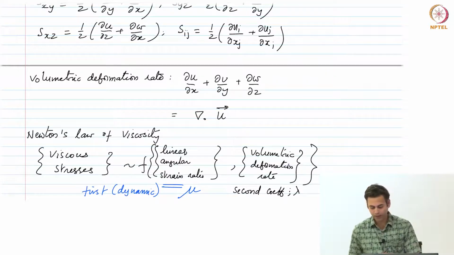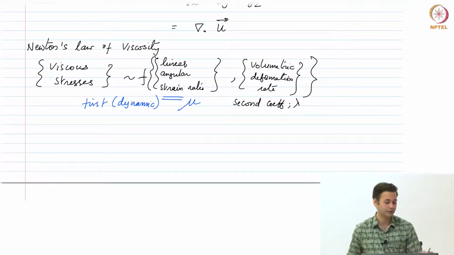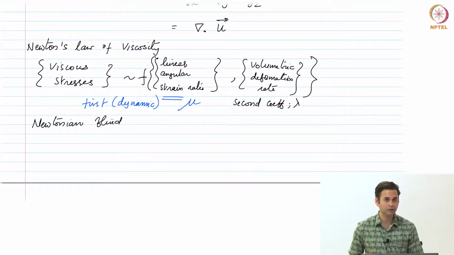Now, we are assuming a Newtonian fluid. What is a Newtonian fluid? The viscous stresses are linearly proportional to the strain rates, okay. So, essentially that is how we get these things. We have a Newtonian fluid, but the fluid is still compressible.